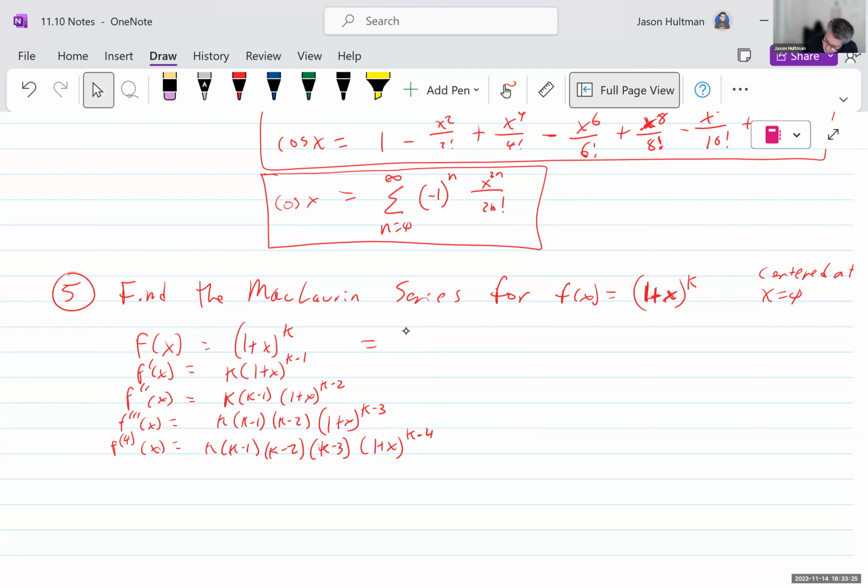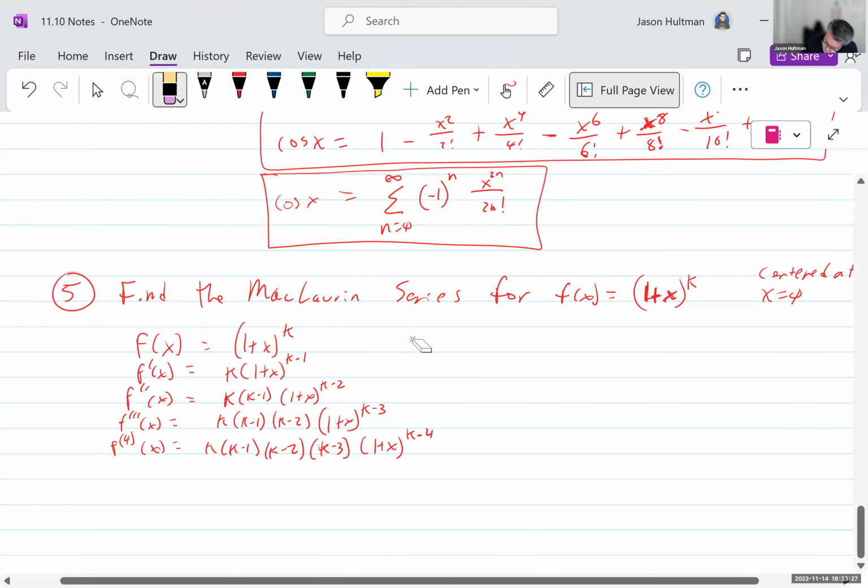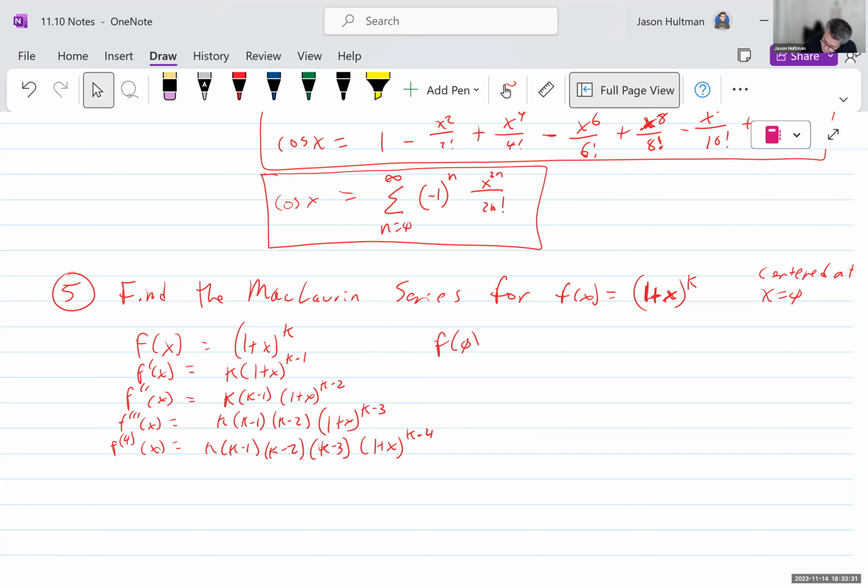So f of 0 is equal to 1 plus 0 to the kth power, but that's just 1 to the k, which is 1. F prime of 0 is equal to k times 1 plus 0 to the k minus 1 power, which is just 1 times k, so that's k.